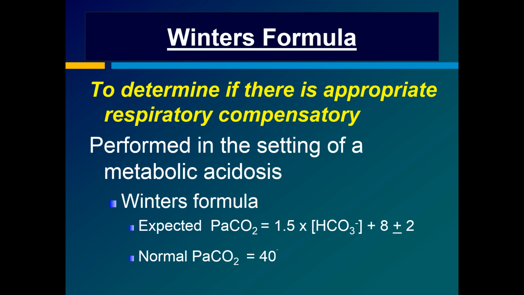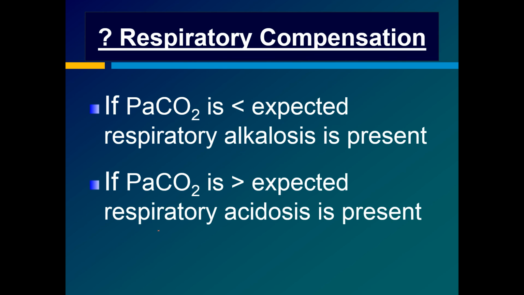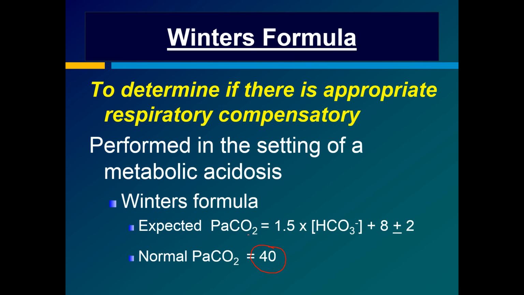What you do have to know is that the normal PaCO2 value is 40. Now, if you have a respiratory compensation that is outside of the expected values, so if you look at this formula, the expected PaCO2 is 1.5 times your serum bicarbonate value plus 8, plus or minus 2.